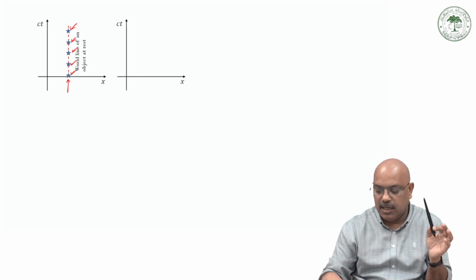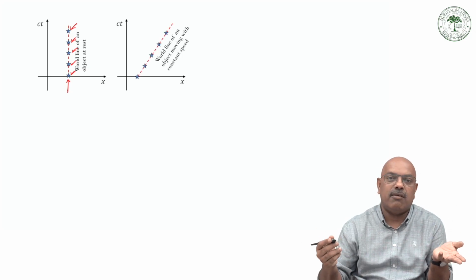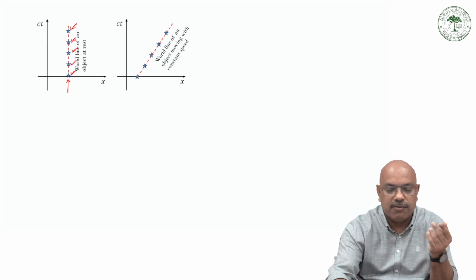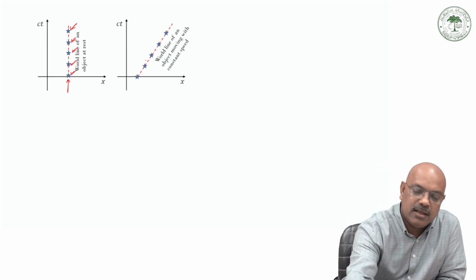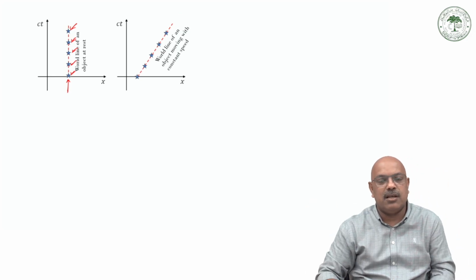In the same way, if I have some kind of slanted line, then this is naturally representing a world line of an object which is moving with a constant speed, because it started from here and then it is moving, the slope is a straight line, so this is a constant speed.